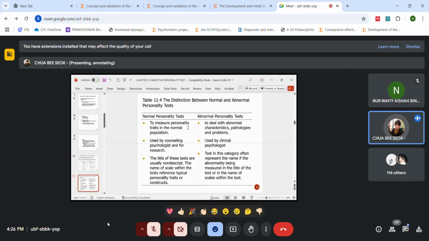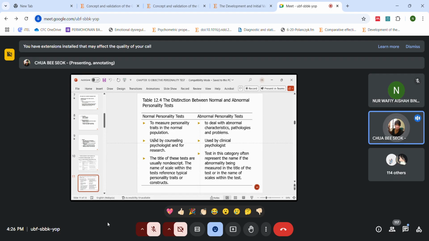Abnormal tests are used to measure personality in those with abnormal characteristics, pathologies, mental problems, or personality problems.